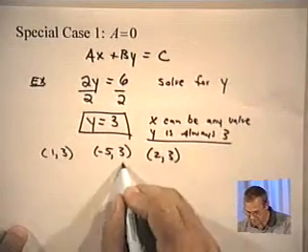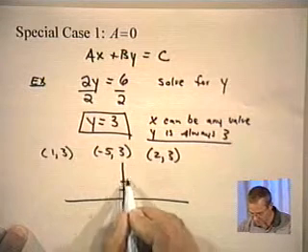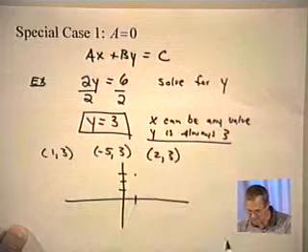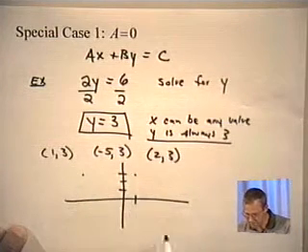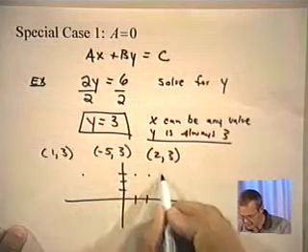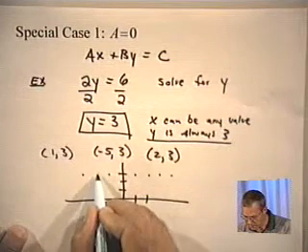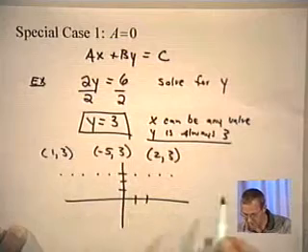Let's plot these. The point 1, 3 is there. The point -5, 3 is somewhere over here. The point 2, 3 is here. In fact, I can get any ordered pair I want as long as the y-coordinate is equal to 3.